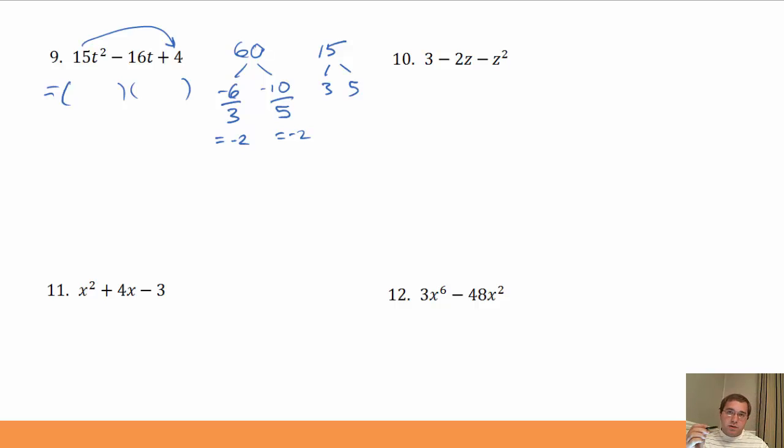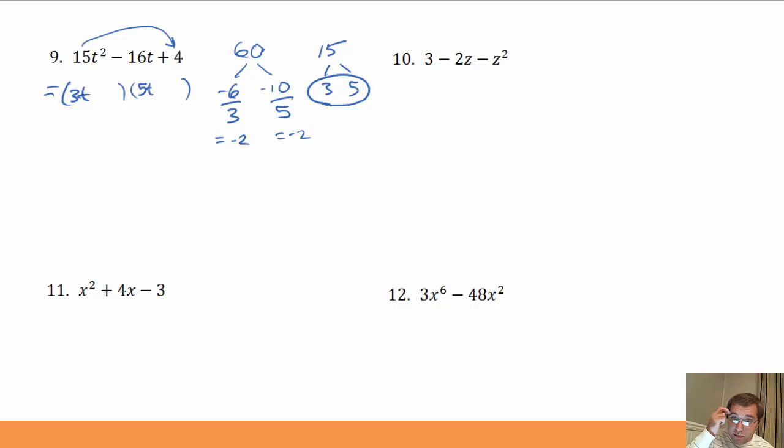The first terms in each set of parentheses are going to be the numbers I split up my leading term with, the 3 and the 5. So 3t and 5t. The second terms will be the numbers that I've gotten ultimately from the 60, which here are -2 and -2.